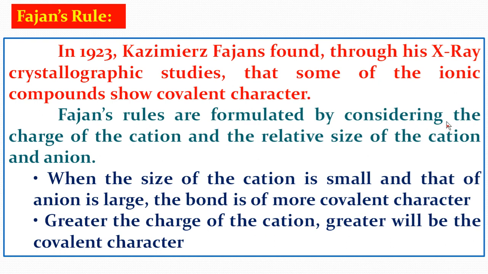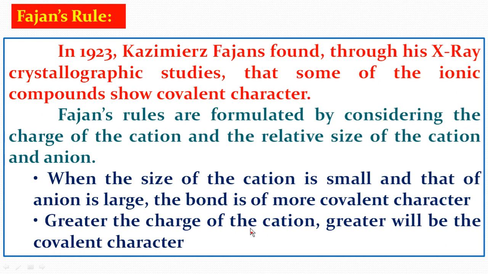Fajans' rules are formulated by considering the charge of the cation. Cation means plus. Based upon this, you have to find the relative size of the cation and the anion, plus and minus ion. The first rule: when the size of the cation is small, the positive ion is small, and that of the anion is large, the negative ion is large, the bond has more covalent character.